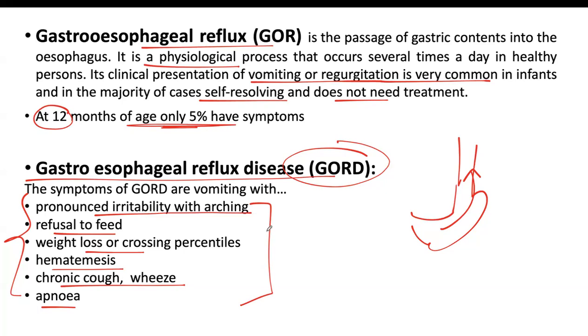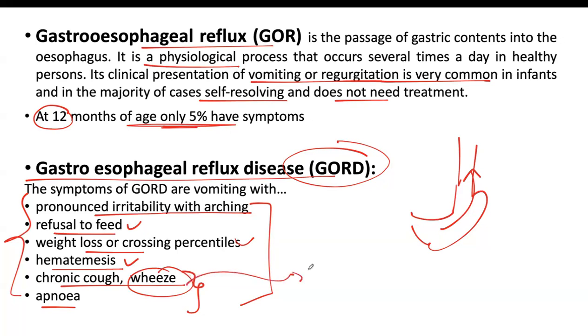In your history, apart from what we have done, you have to ask: have you noticed he's quite irritable, or any arcing of his back? Refusal to feed and weight loss are covered in the well baby questions. Hematemesis you already asked, any blood in it. So only these two questions will be added. Has he got a chronic cough? Have you noticed any musical sound coming from his chest sometimes?